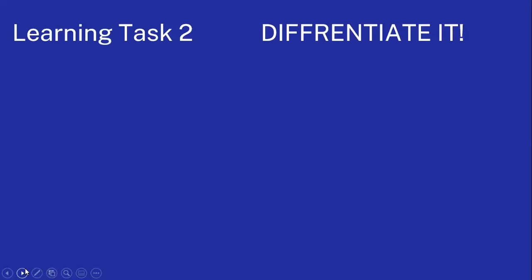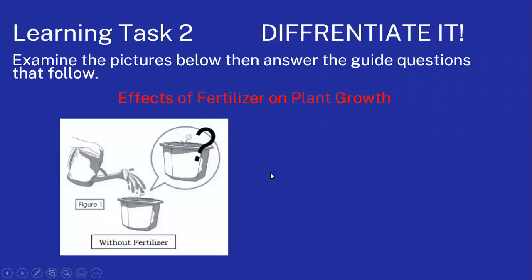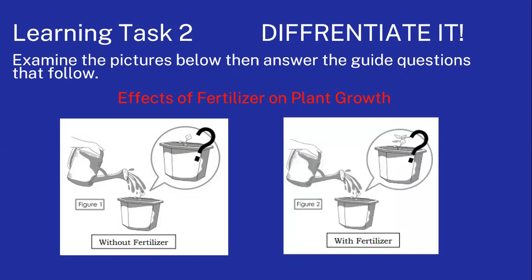Okay. So for your third task for this week, learning task number 2, this is entitled Differentiate It. So here's a picture of the effects of fertilizer on plant growth. You know what happened during the pandemic times, a lot of people became plantita, plantito, right?